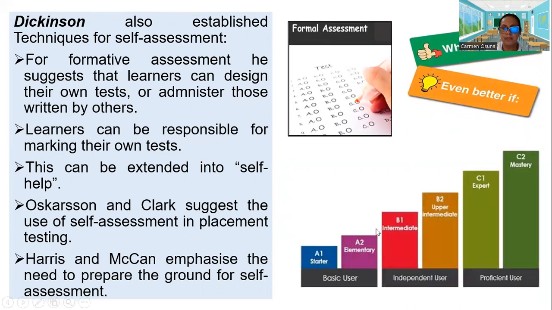And this is the level started. I'm going to start learning elementary. I know something intermediate, upper intermediate, expert, and this is the mastery. This is the level. So if I know a little, I have to take a placement testing to see in which level I have to continue.